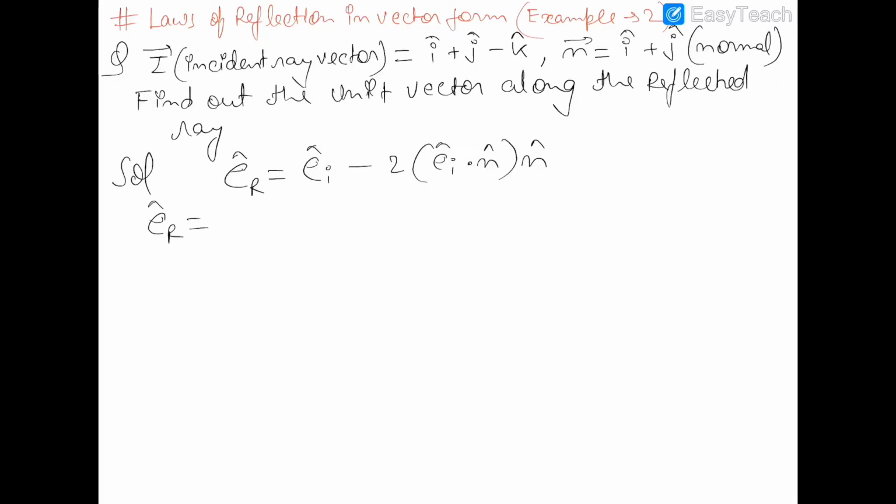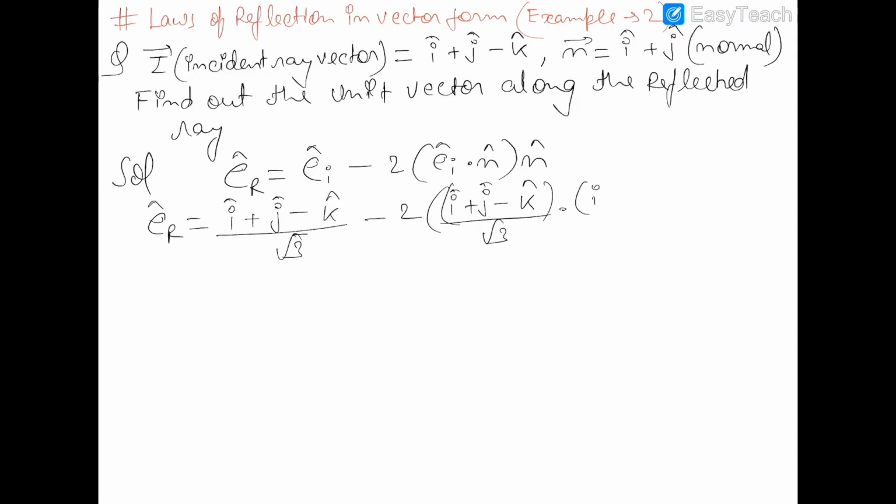So the unit vector is (i cap plus j cap minus k cap) upon √3, minus twice the unit vector along the incident ray, (i cap plus j cap minus k cap) upon √3, dot with n cap.